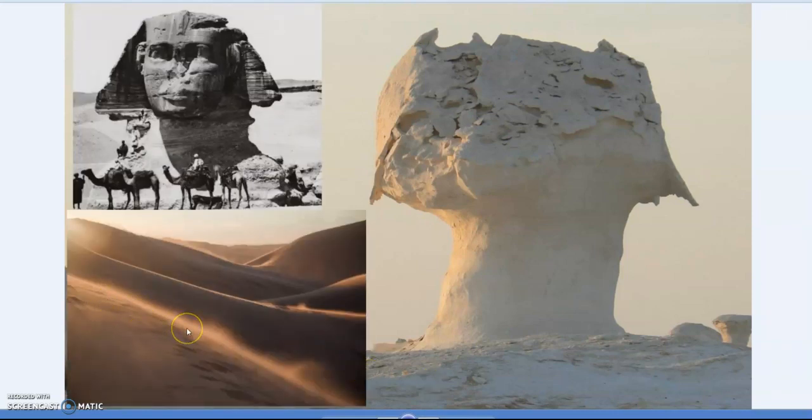As the sand gets blown by the wind, it's going to go along the ground and it's going to attack the lowest level. So that's why the neck gets carved out first. Same as what we have on the Sphinx when it was buried up to its neck. That's where the sand was going to hit, and it's going to wear away at the neck.